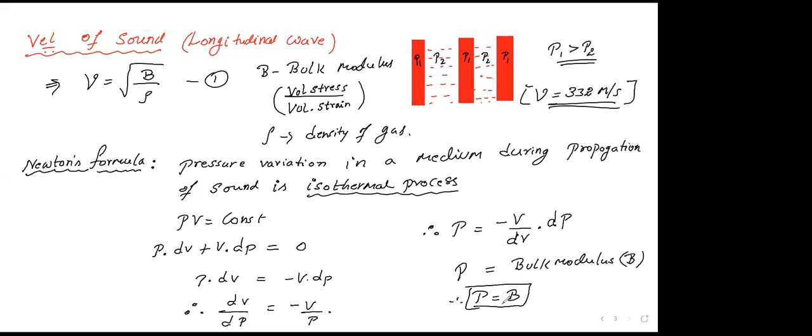Now, call this equation 2. Substituting this P is equal to B in equation 1, equation 1 becomes V is equal to root of P by rho.